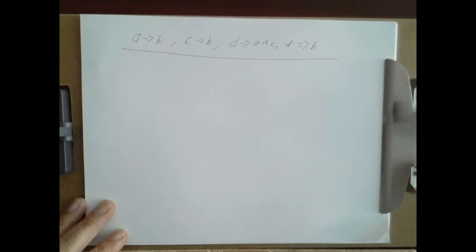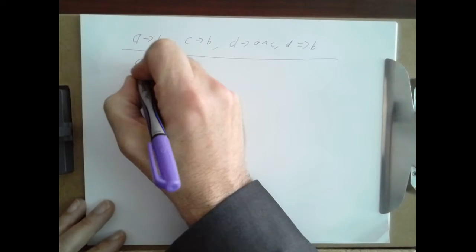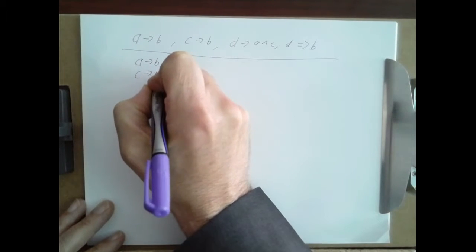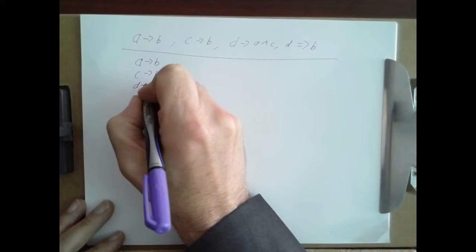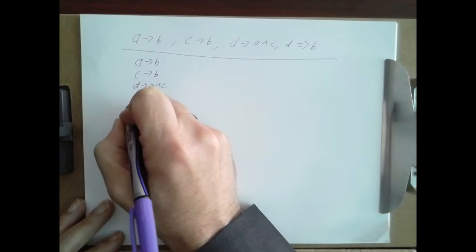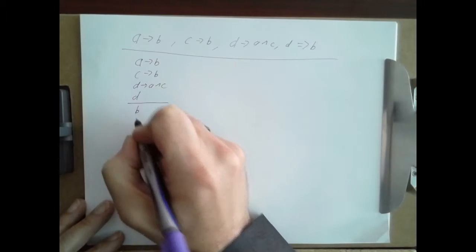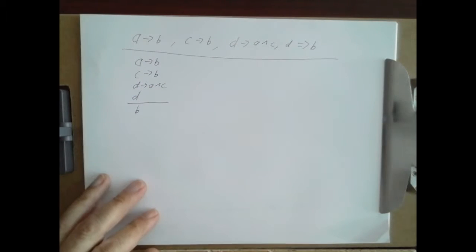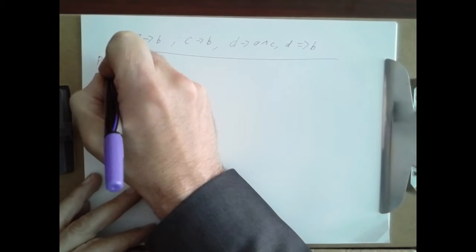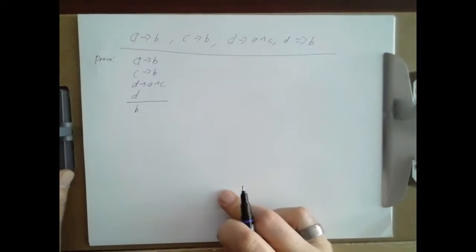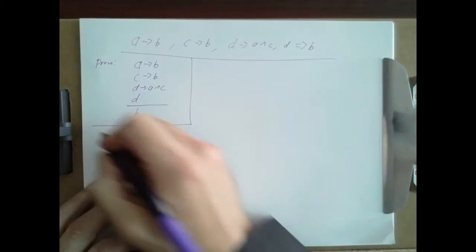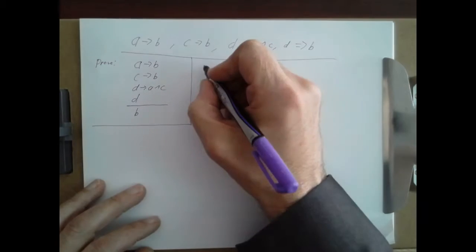So let's write this in our usual sort of calculation format. A implies B, C implies B, D implies A and C, D, therefore B. So this is what we're asked to prove. So let's look at a direct proof.